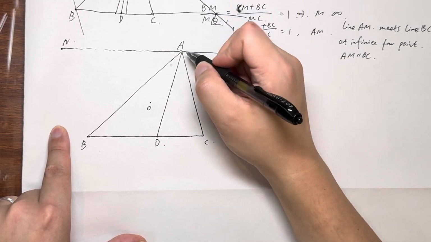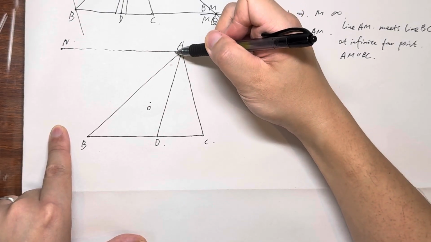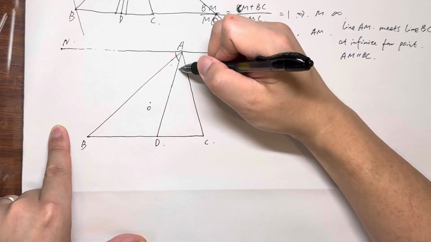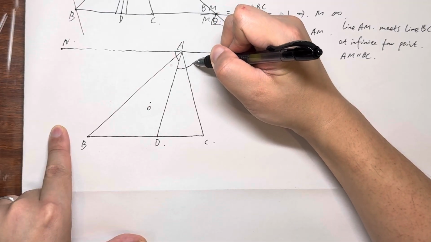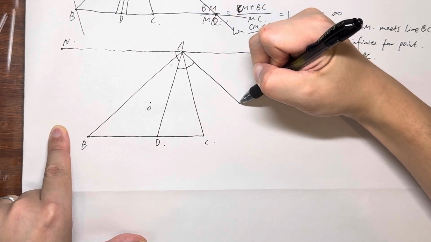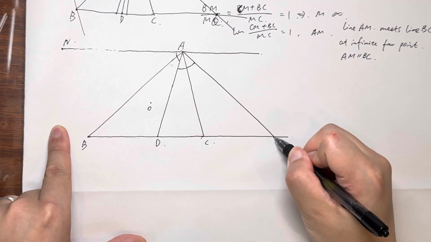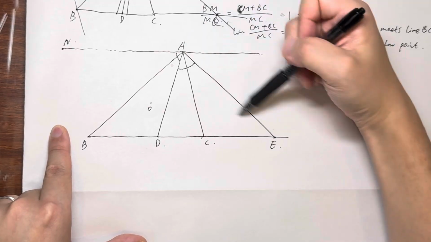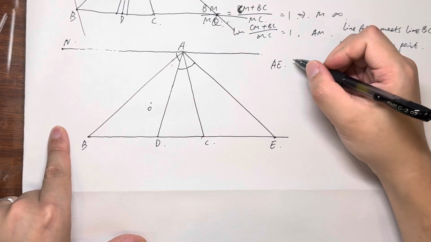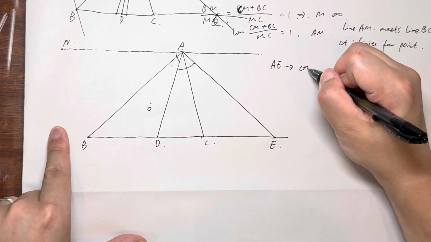Which means we have this angle, right? The angle NAD equals another angle. And for this line here, call it E. Then AE is the conjugate external median, right?